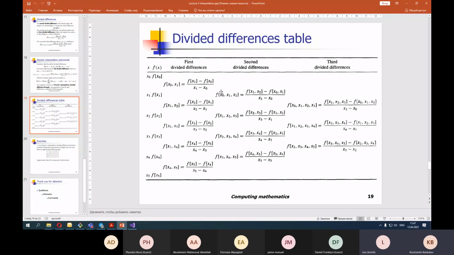We should take previously computed divided differences, these two divided differences, and divide it over x2 minus x0. Please find this value.